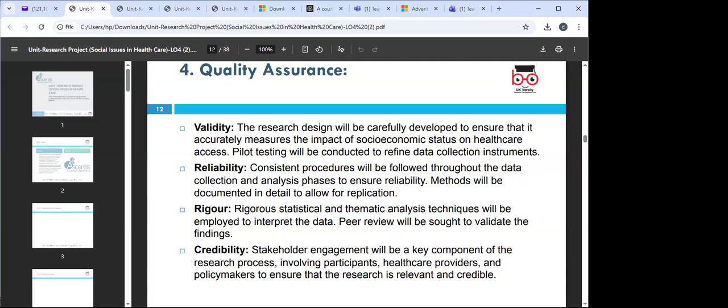The topic that you choose must have a tangible validity that we can check to see that what you have chosen makes sense. It should be valid. It should be reliable as well. Consistent procedures will be followed throughout the data collection and analysis phases to ensure reliability.